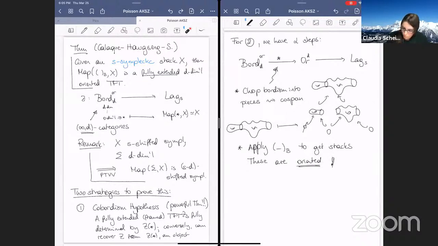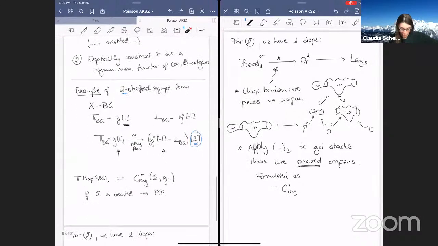So in particular, if I have a stack, these are formulated, first, as taking the singular chains, which appeared in our example here.